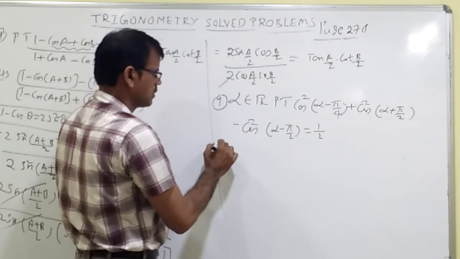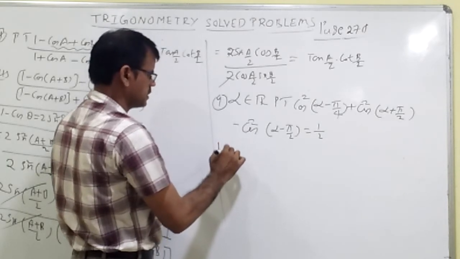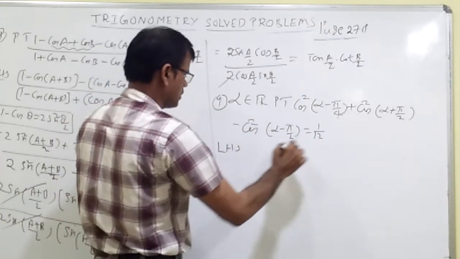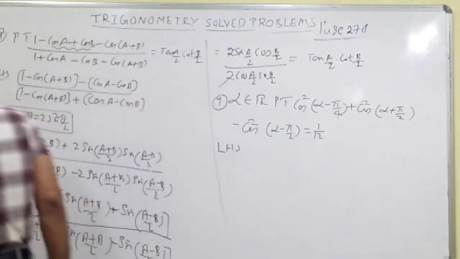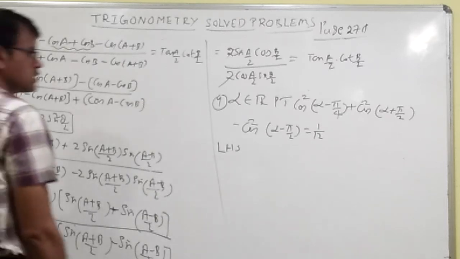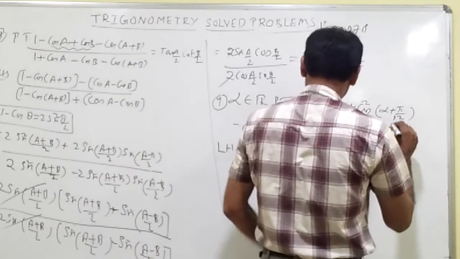Let us remember the formula. First take LHS. It is 1 by 2 only. Cos square of (alpha minus pi by 4) plus cos square of (alpha plus pi by 12).